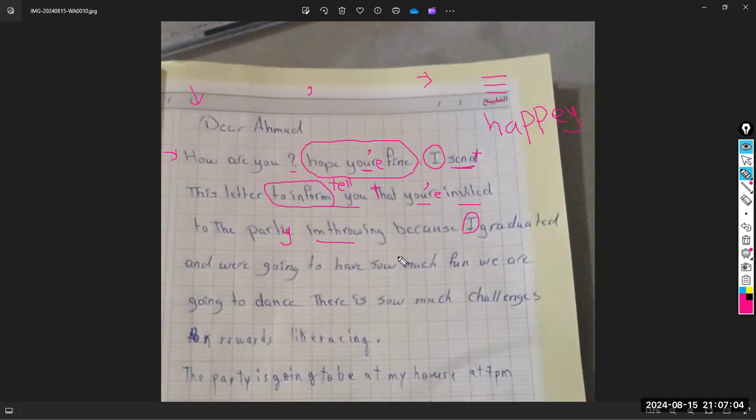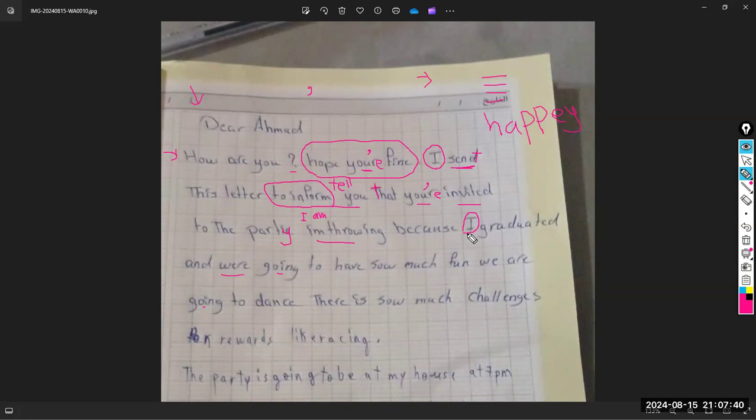Only the I, if it is written in the middle of a word, you have to write it in a small letter. Notice the I in going, small letter. This is going, small letter. But if you want to write it alone, because this is I am, the I should be written in capital letter, but not small letter. Okay. I'm throwing because I graduated and we're going to have, we're going.